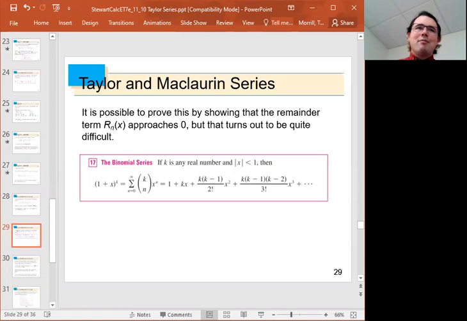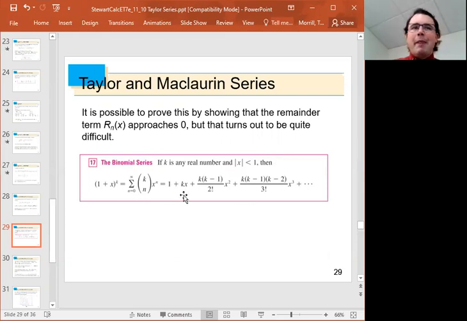The answer is yes. For the function 1 plus x raised to the k power, and again, k can be any real number, so long as the absolute value of x is less than 1, then 1 plus x to the power k will be equal to this Taylor series.